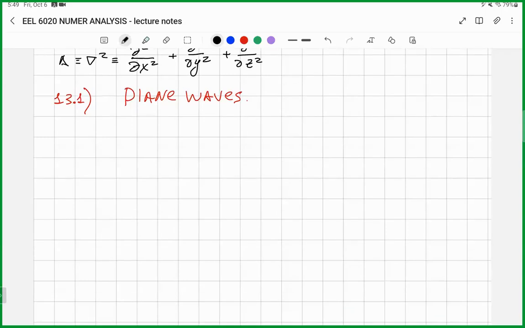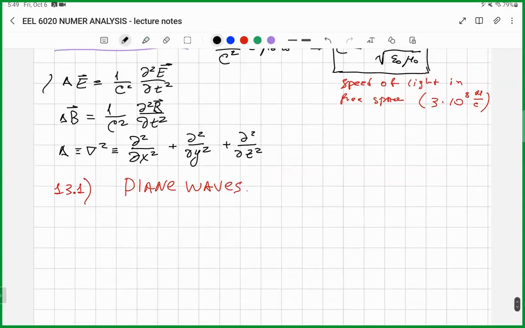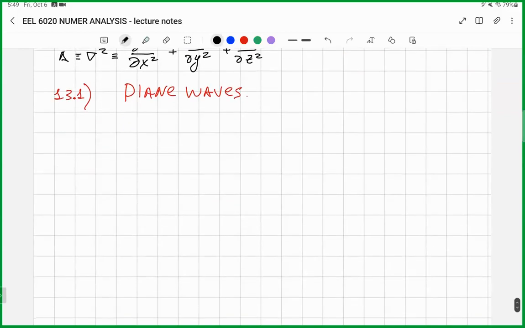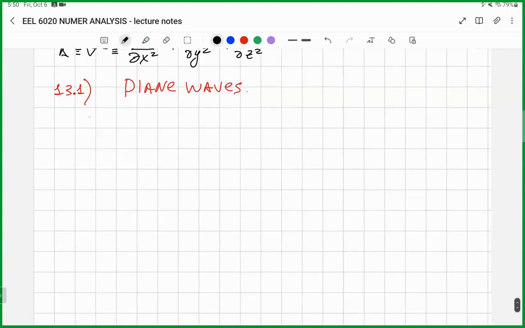So let us consider a wave described by these wave equations. Let us consider a wave propagating in the direction of the z axis, along the z axis. So plane wave.